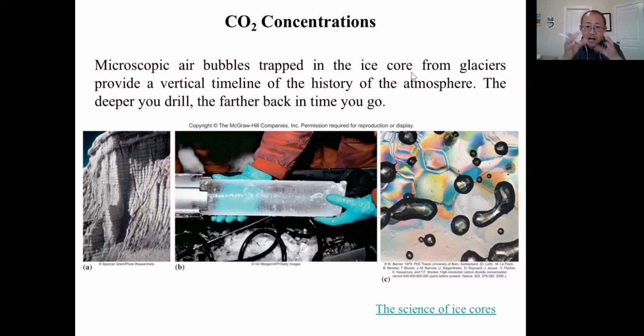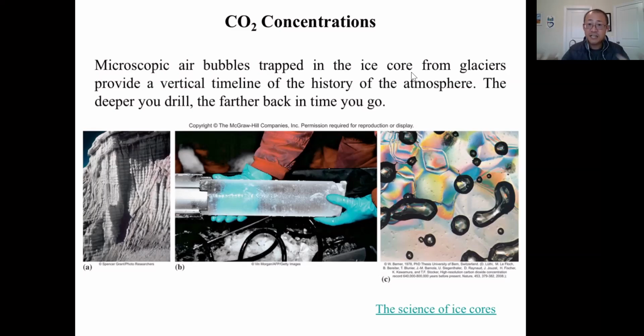Because in ice cores, there are air bubbles trapped inside the ice. The concentration of the gases in the bubbles is kind of frozen, and represents the time when it was trapped.